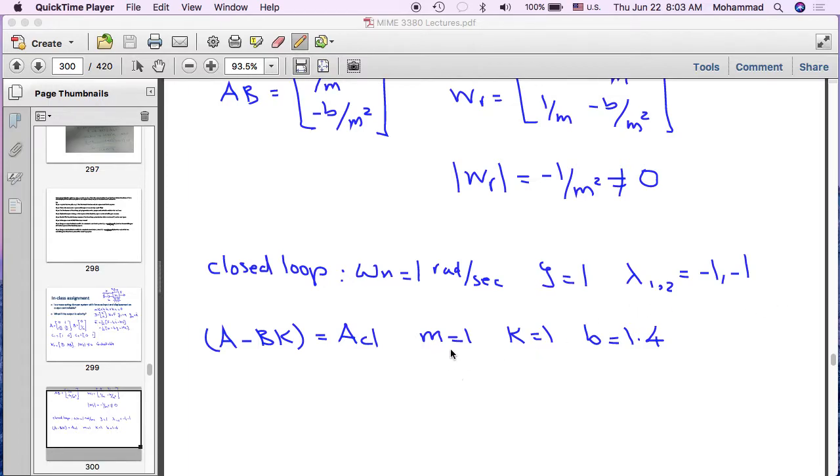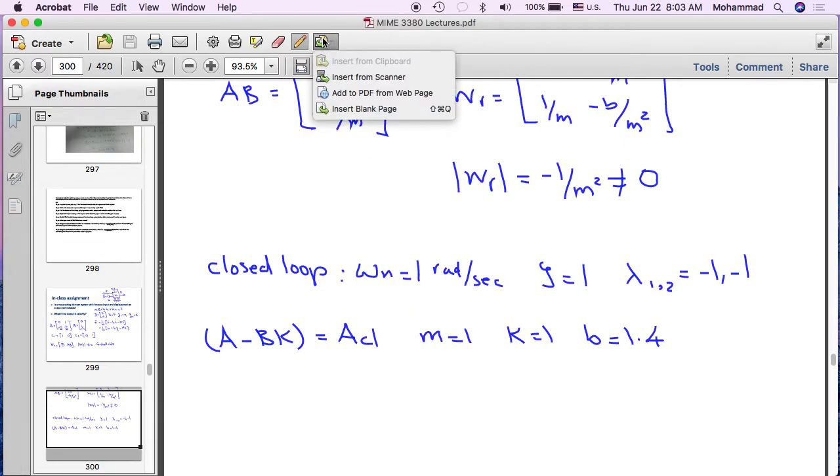And we also assumed some numerical values for M, K, and B, which means for open loop, before any control, M is 1, K is 1, and B is 1.4. So these are desired values for closed loop.